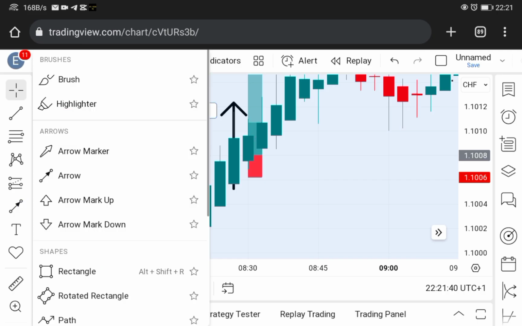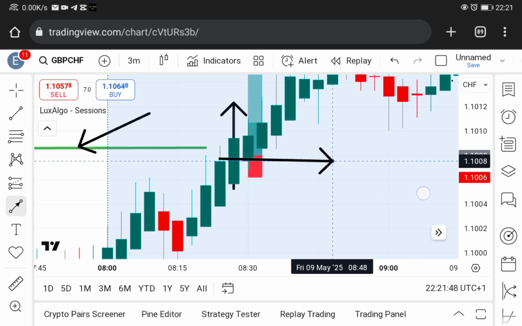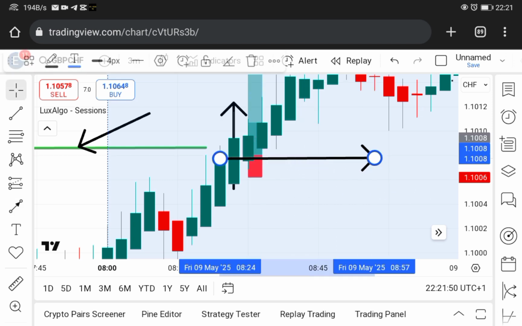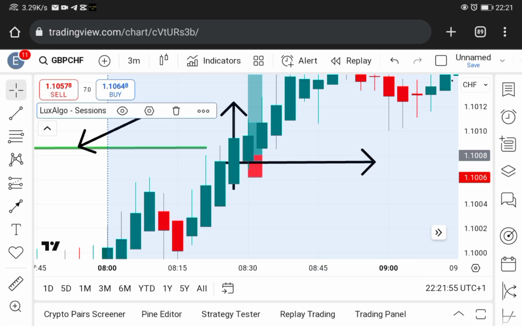Or you try your best to make sure that you place your trade at the 50% of this very candle here. 50% of this candle will be around this point, and you will still get your entry around this candle.